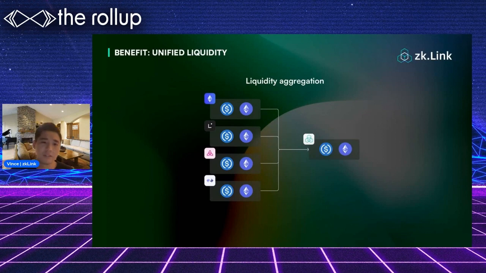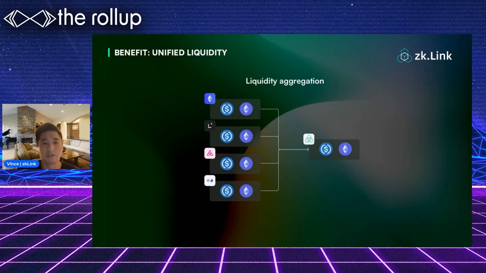Think about the DEXs of today. If you bridge a token from BNB chain, for example, to Ethereum, it will be a different token because it is wrapped. And by doing so, zkLink layer 3's platform will be able to unify liquidities of these stables or multi-chain tokens, and also aggregate the liquidities from different types of assets.